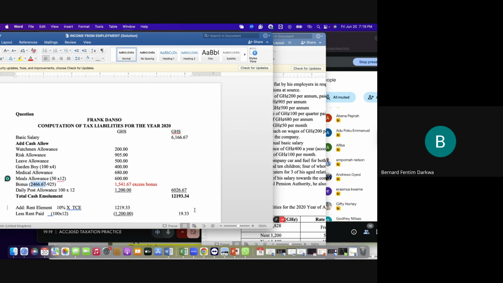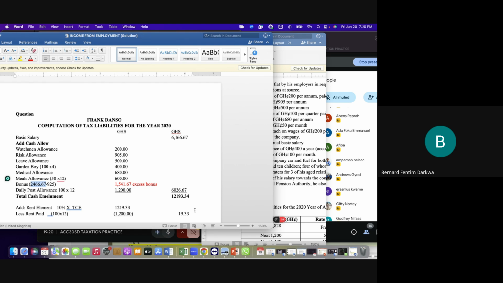If you don't remember this and put it here, and maybe there's a bonus excess but you forgot to do the calculation, then you miss it. And once you miss it, it will affect your work. So if there's a bonus, you have to take your time and work it well.